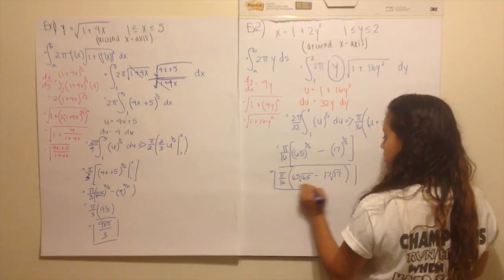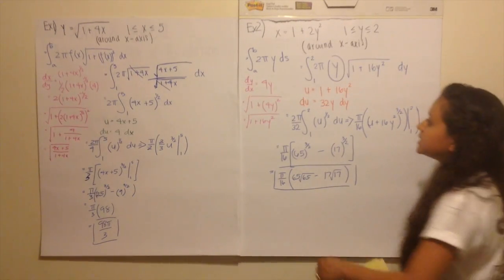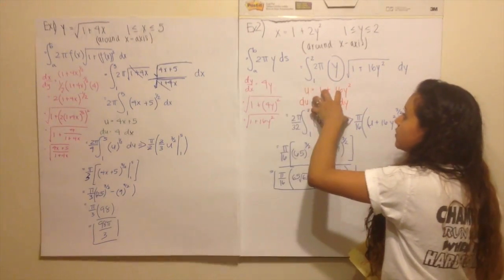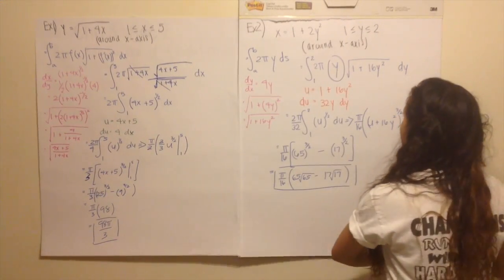And that's our answer. So as you can see, we just go head on to resolving it instead of doing that extra step of having it in terms of x.